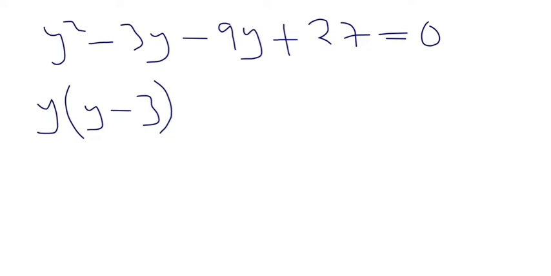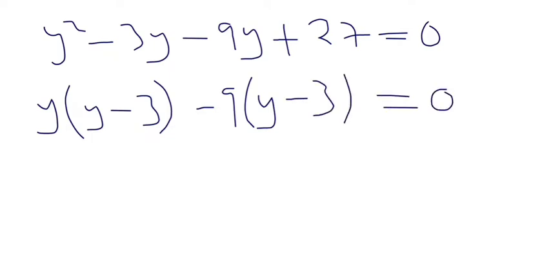Negative 9 into negative 9y is y. Negative 9 into positive 27 is negative 3. Then this thing is equal to 0. Then what I notice is, this is common and this is common, so I can factor this one out, which becomes y minus 3.